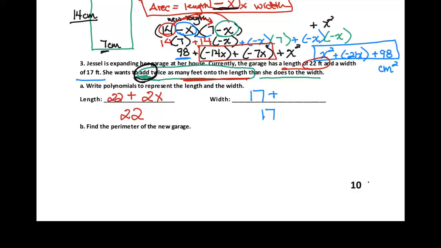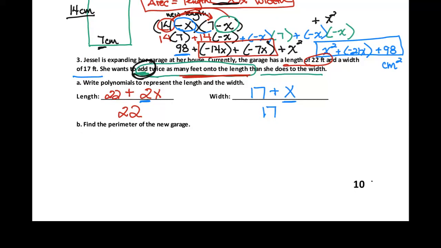Let's see, she wants to add twice as many feet onto the length than she does to the width. So she's not going to do twice as much there. She's just going to do x. So she's adding twice as much to the length than she does. When you say than, it means she's not doing the same amount. All right, so this is 2x, whereas this is just x.